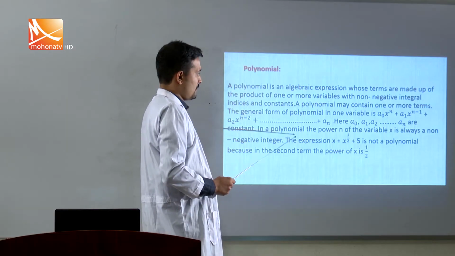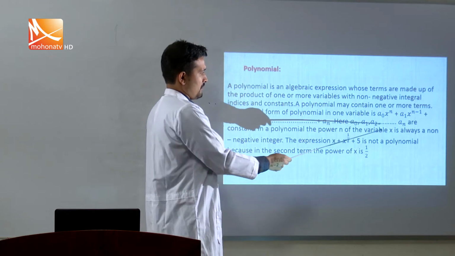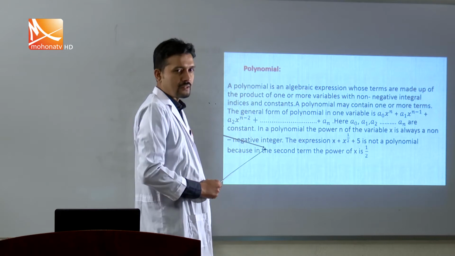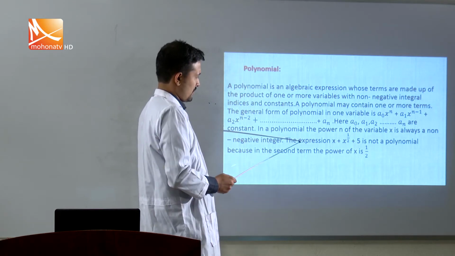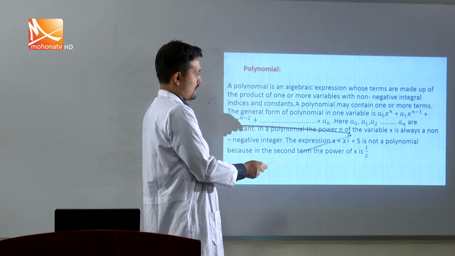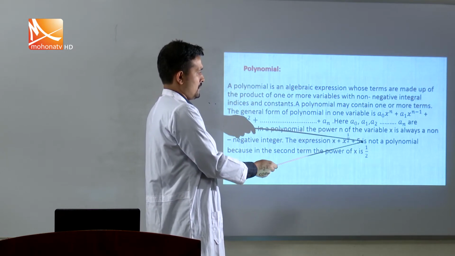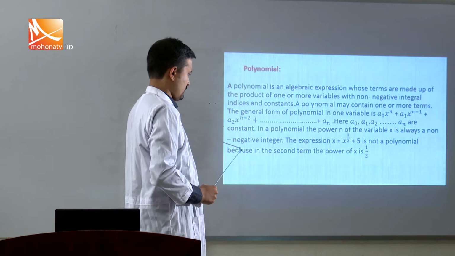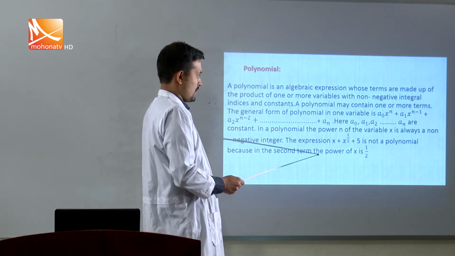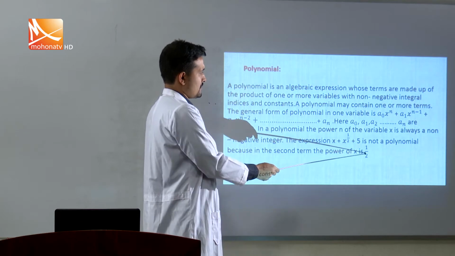In a polynomial, the power n of the variable x is always a non-negative integer. The expression x plus x to the power half plus 5 is not a polynomial because in the second term the power of x is half.